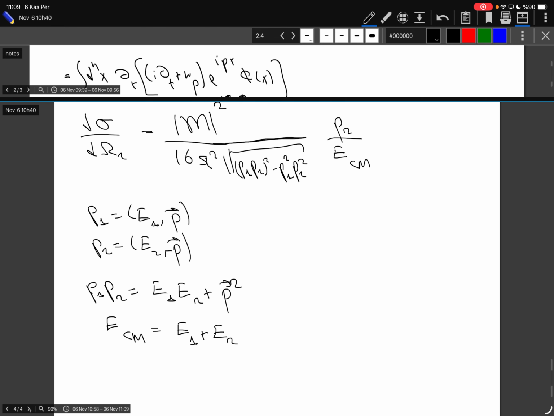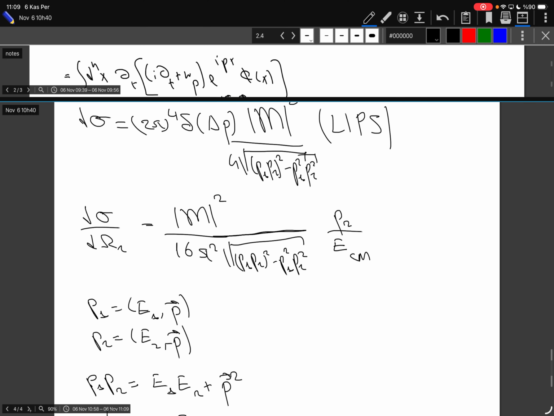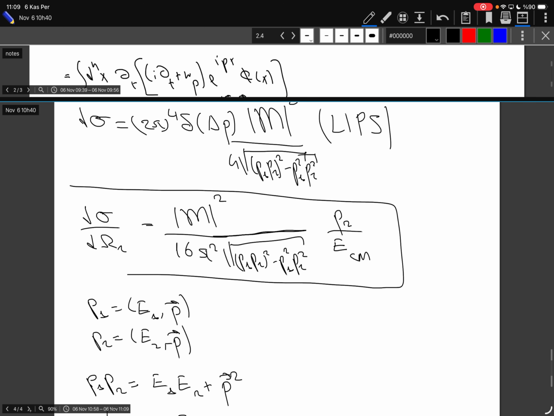Well, you can just go ahead and simplify as much as you want. But this is just our differential cross-section for two particle scattering.